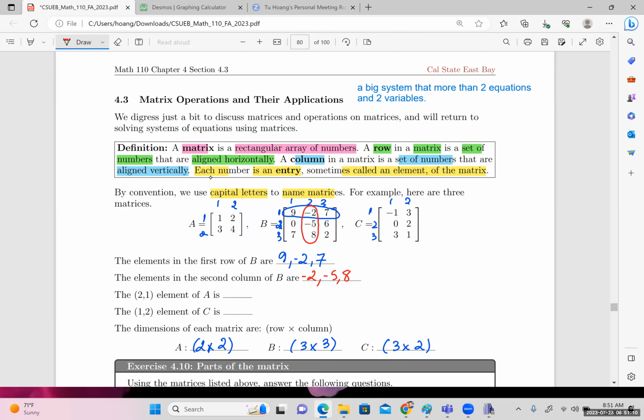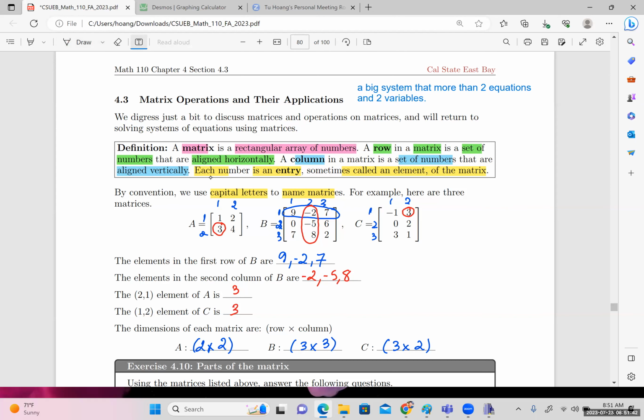And if I say the entry 2, 1 of A, you look at row 2, column 1. So that's going to be this number, which is 3. All right, so put 3 here. And then the entry 1, 2 of C, you look at row 1, column 2. So that's going to be the number 3.